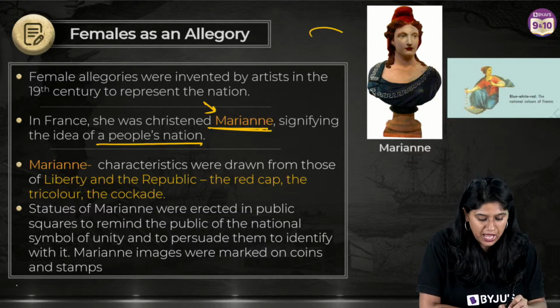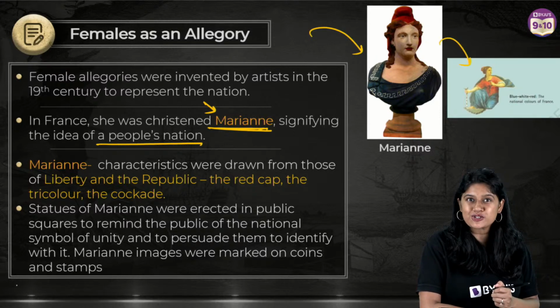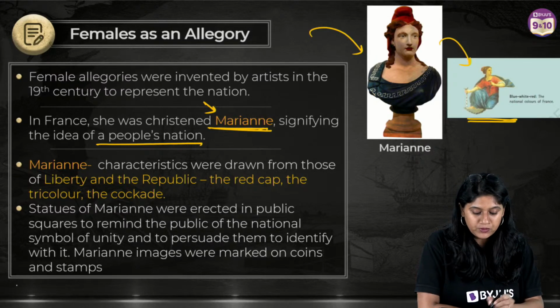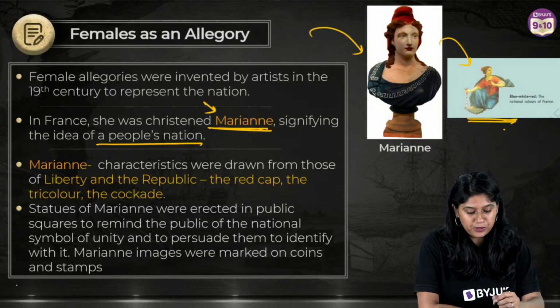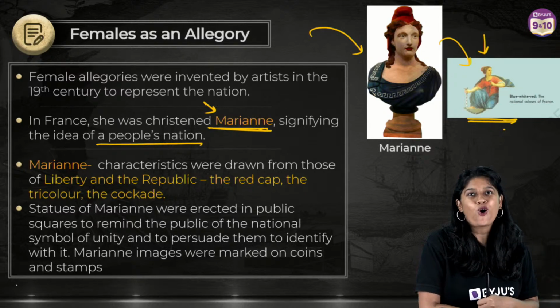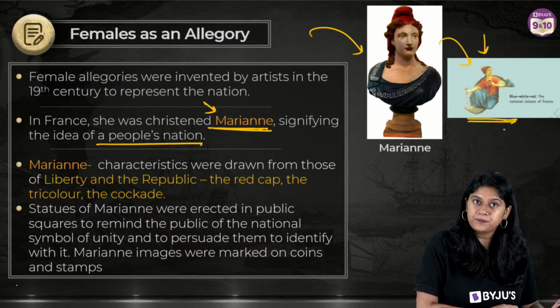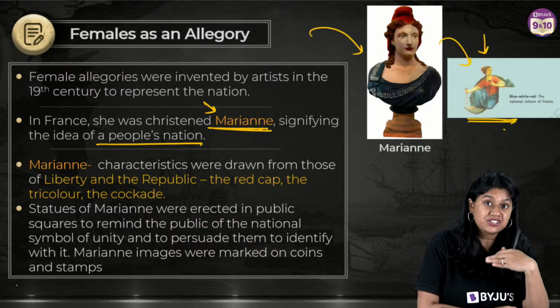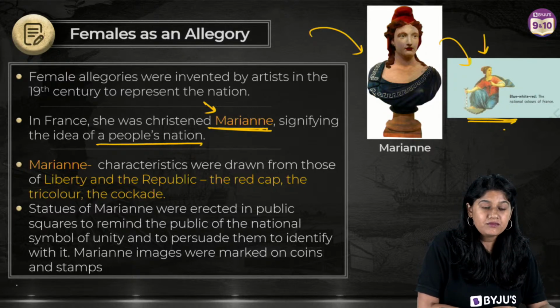And of course, we have an image like this. In our French Revolution chapter in class 9, we talked about the blue, white, red, the three colors this figure is wearing. It has all the colors of the flag of France. So when this happened, people could see it and connect to it.